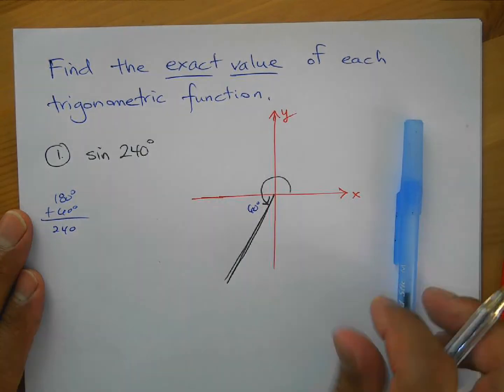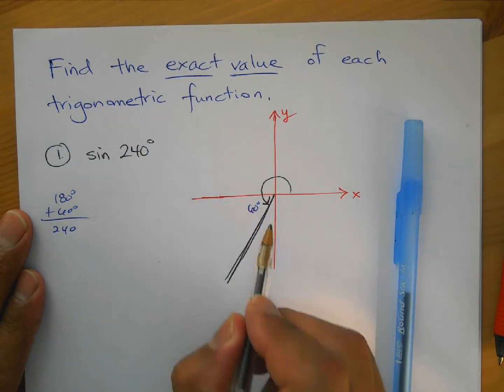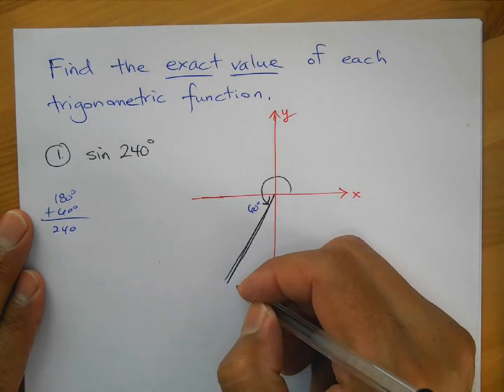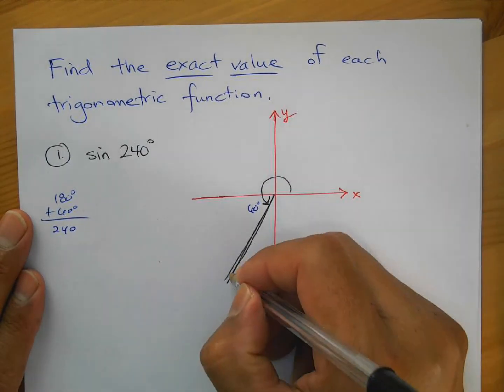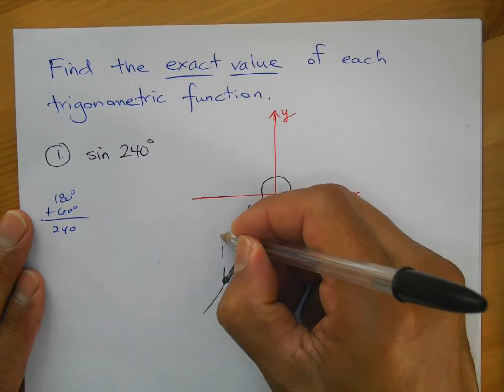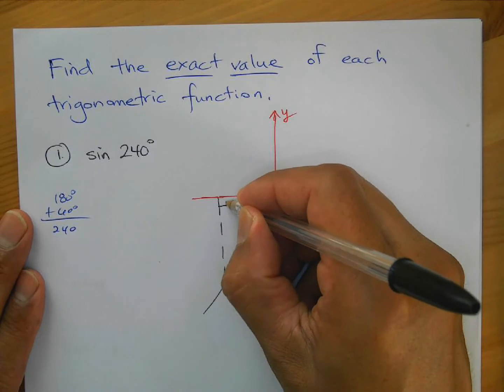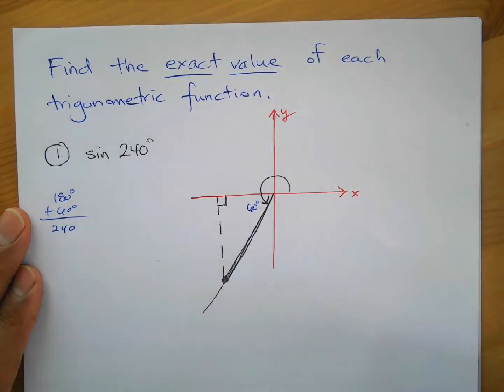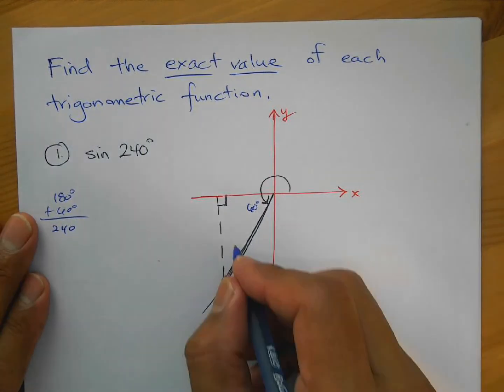And this is why you're able to find these exact values, because it'll be 30, it'll be 60, or 45. And when we're working with these 30, 60, 90, 45, 45, 90, we know that we can pick a point there just somewhere and drop an imaginary triangle, because we know how the sides should go for a 30, 60, 90, or 45, 45, 90.